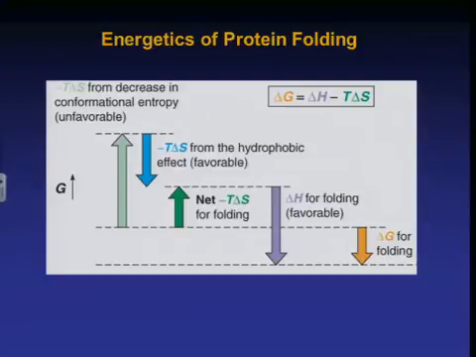All right, so if you take the primary structure, a protein made from amino acid 1 to amino acid 300, strung out in a random linear array, for that to fold up, is that going to be favorable energetically with regards to entropy?